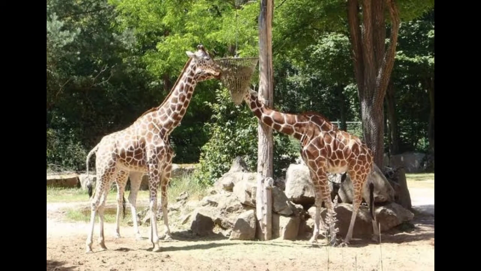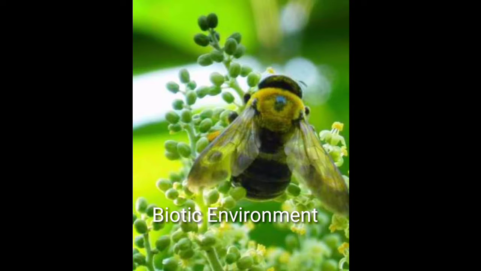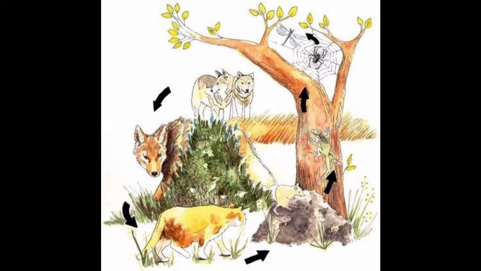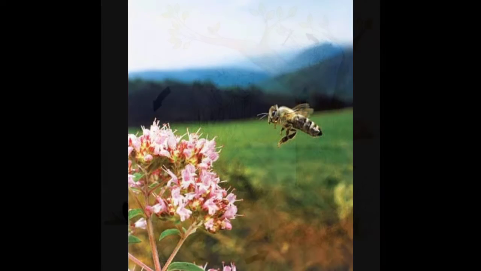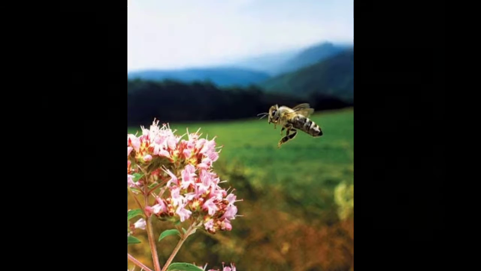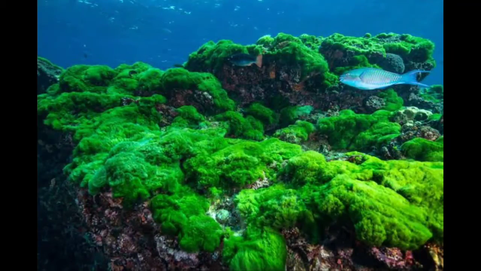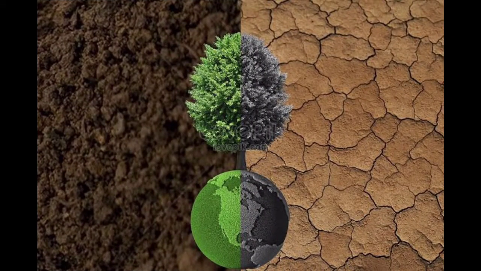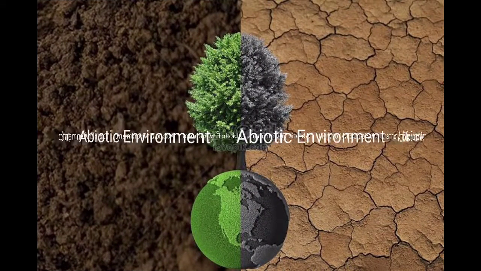The components of the environment are mainly divided into two categories. The first is the biotic environment, which includes all living organisms such as animals, birds, forests, insects, reptiles, and microorganisms like algae, bacteria, fungus, viruses, etc. And the other one is the abiotic environment.